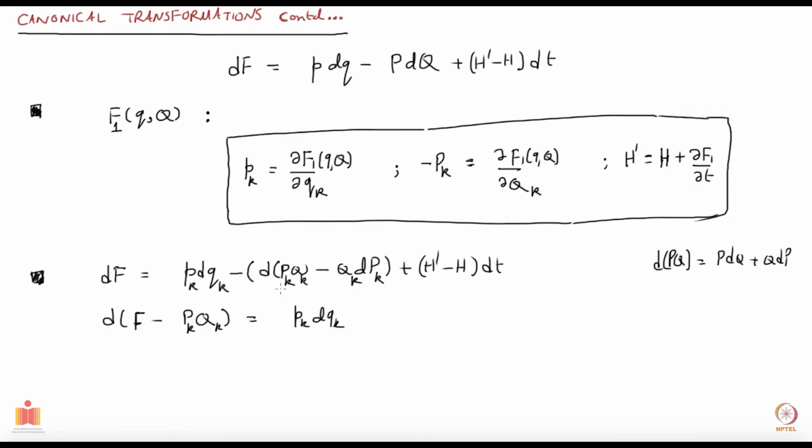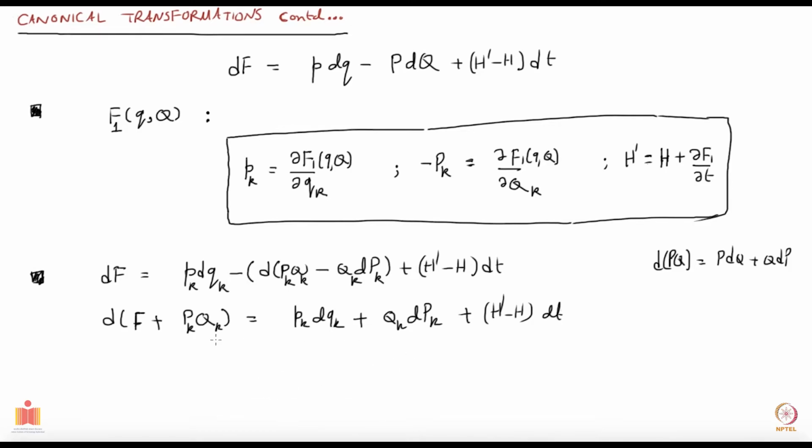Anyway, so df, and there will be a plus here because this goes to that side, is equal to pk dqk. That's correct. And then we have a plus qk dpk plus h prime minus h dt.